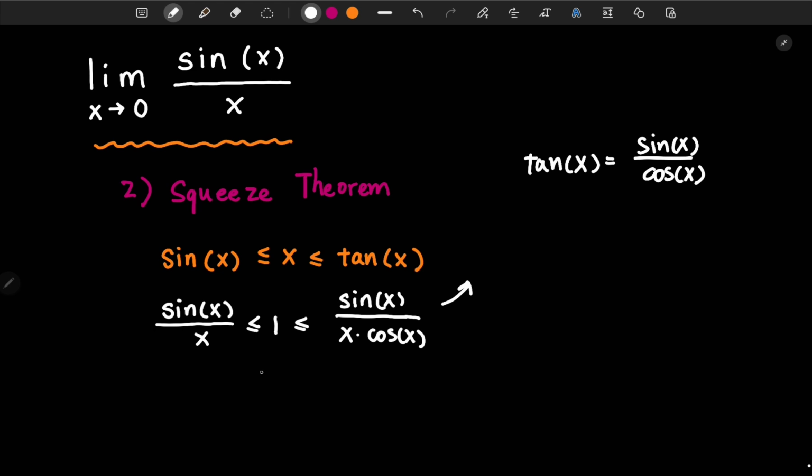If we multiply both sides by cosine x, we would get sine x cosine x over x on the left. In the middle we would get cosine x, and on the right side we would get sine x over x.